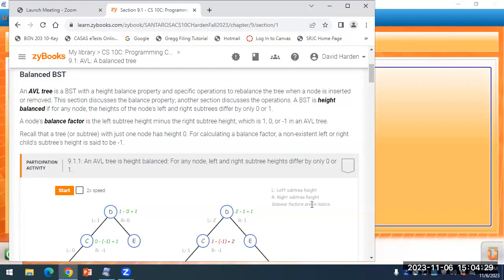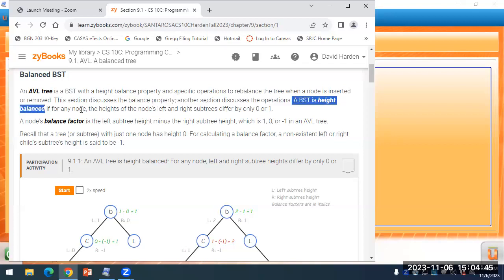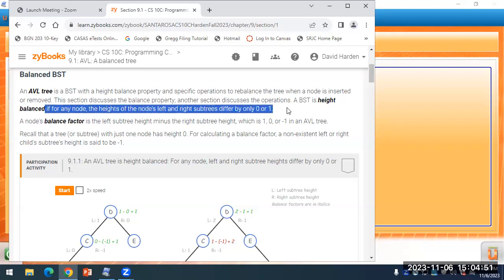So, all right, we're going to talk about something called an AVL tree. A binary search tree is considered height balanced if for any node, the heights of the node's left and right subtrees differ by only 0 or 1.